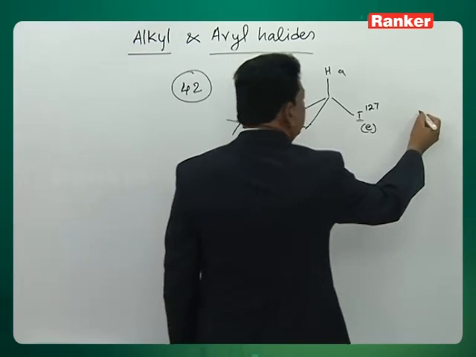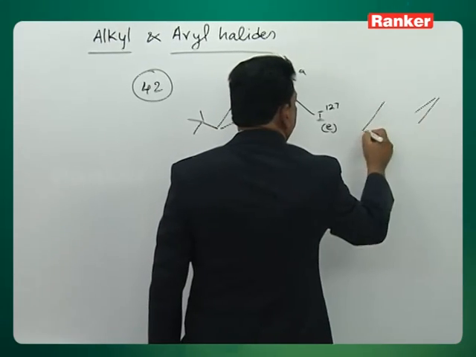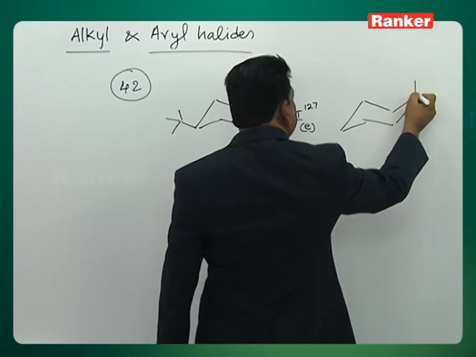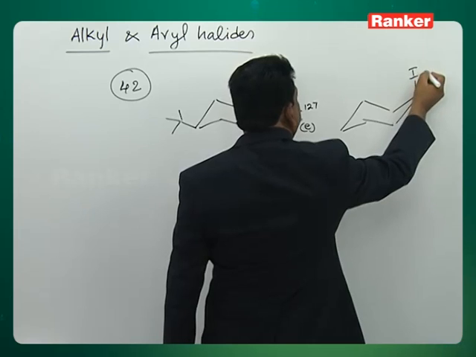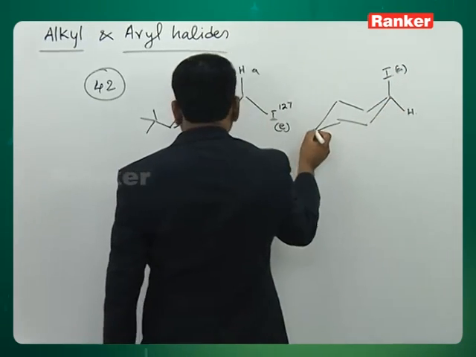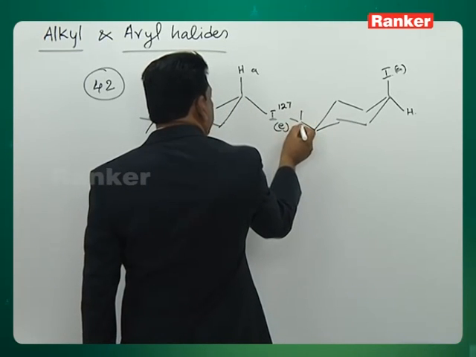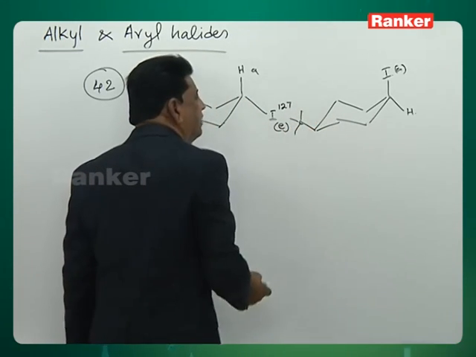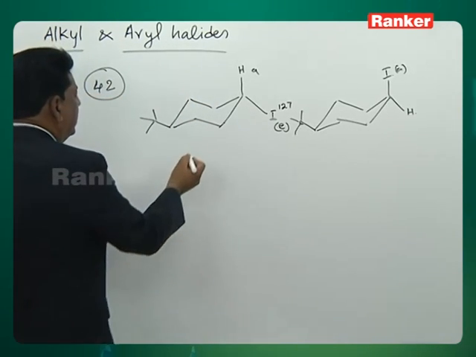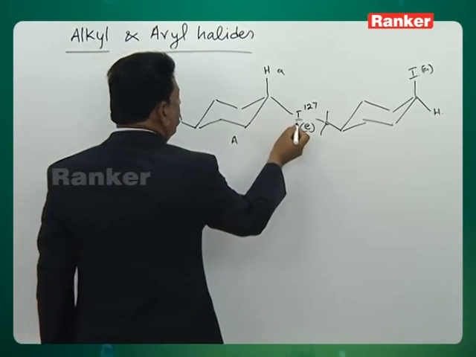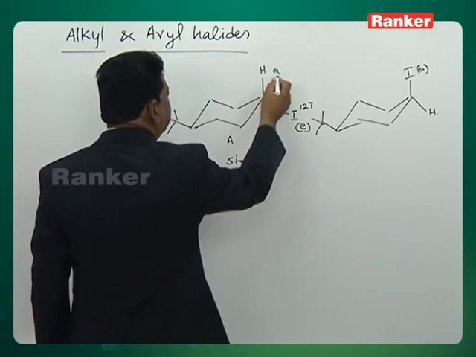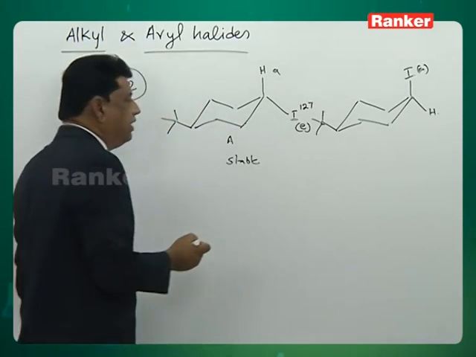The other compound is also very close. In this reaction, the axial is iodine and the equatorial is hydrogen. In this case also a tertiary butyl group is added here so that the flipping will not take place. In the original compound A, the iodine is equatorial, which is the stable one. When it is axial, the reaction will actually be faster there.